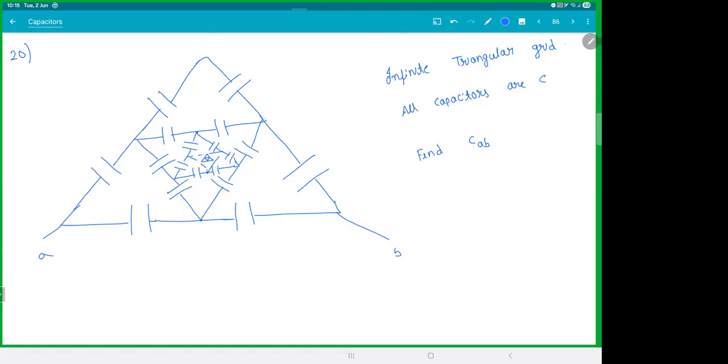Okay, let's see a few things here. So first thing, right? We know how to handle infinite ladders, isn't it? We will say the whole thing is X and then we do that. But there is a problem here.